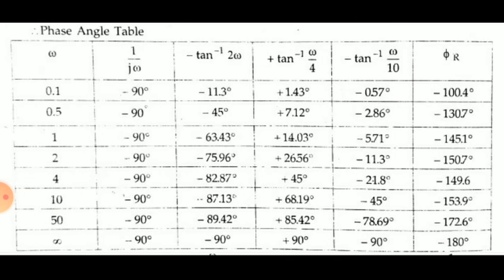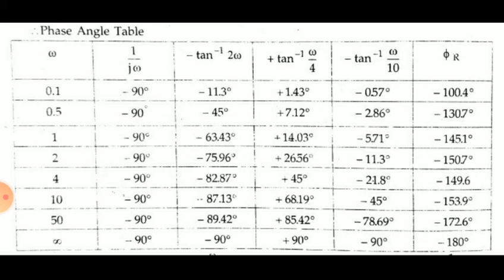So the phase angle equation: phi r is equal to phi 1 plus phi 2 plus phi 3 plus phi 4 plus phi 5. One more thing remaining is the last factor, the simple pole, whose phase angle is phi 5 equal to minus tan inverse omega upon 10.